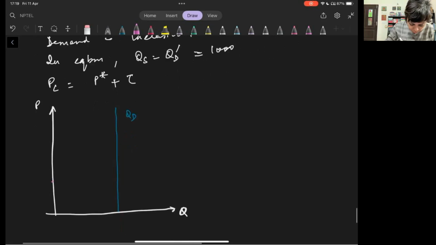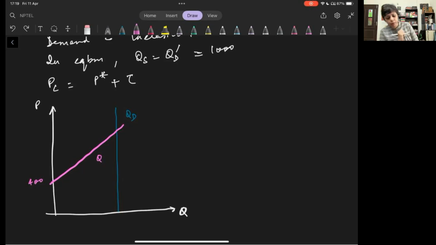This is 400, and then it is upward sloping. Sorry, it's QS, all right? So it is intersecting here at P equal to 1400 and Q is the same, 1000. This is how it is initially, right?